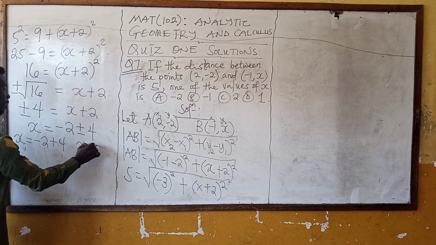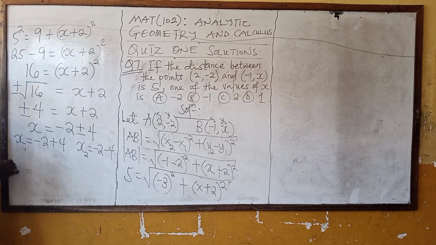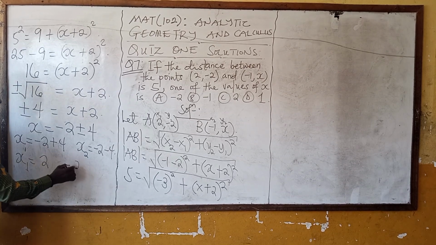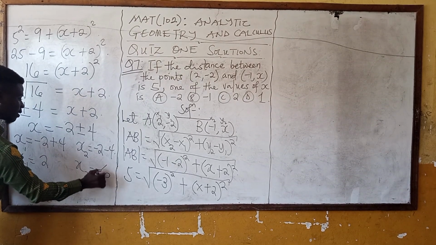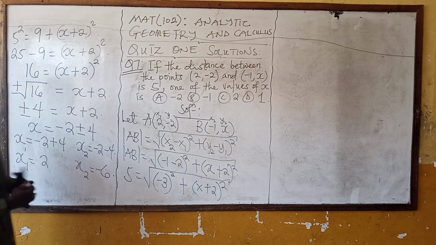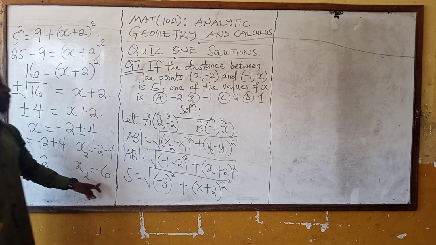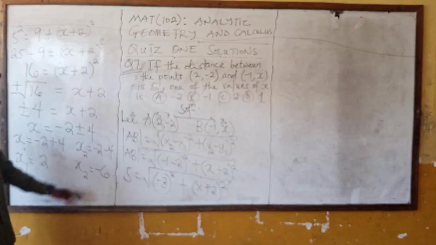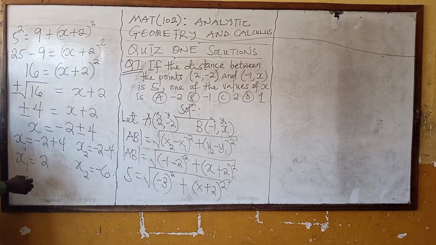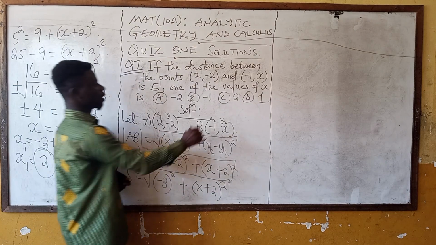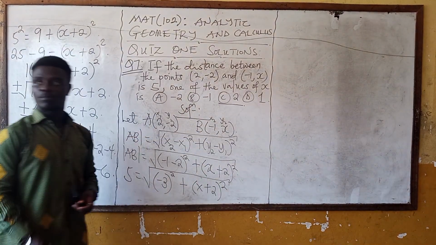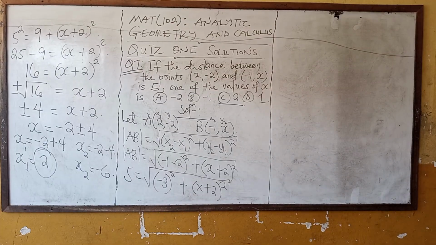Let's say our x2 will be negative 2 minus 4, then we have x2 equals negative 6. So one of the values of x is 2 or negative 6. There is no negative 6 inside, so it is 2. So option C. Option C for cat.